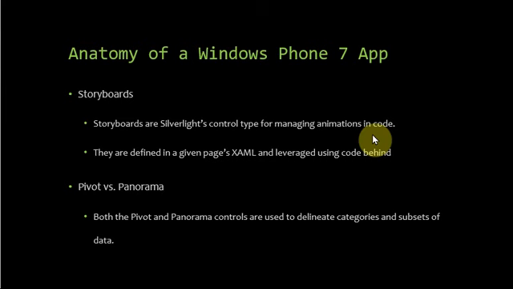The storyboards are defined in the given page's extensible application markup language, that is your XAML, and are leveraged using the code behind. The uses of this animation are limited only by the transform operations that are allowed to be performed on the object.